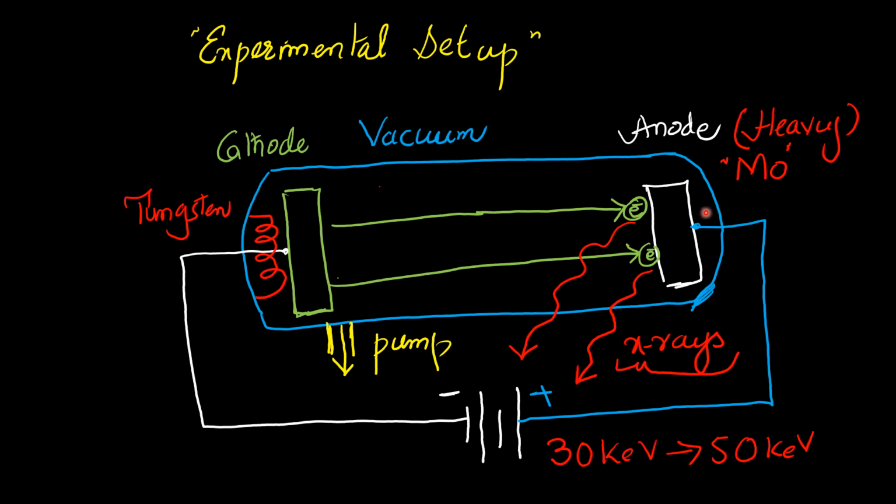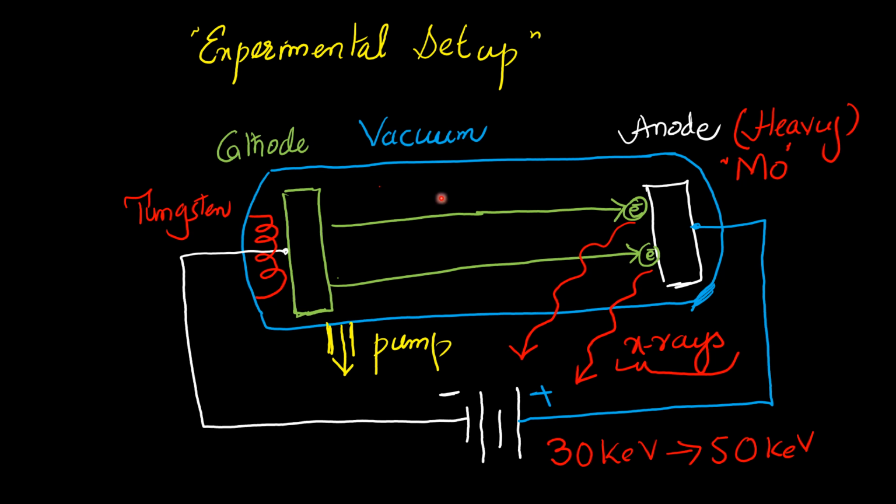If the binding energy of the electrons present in the anode atom is less than the energy of the incident electron, then they will cause an inner transition in the anode metal, and due to this they will result in the generation of characteristic X-rays.